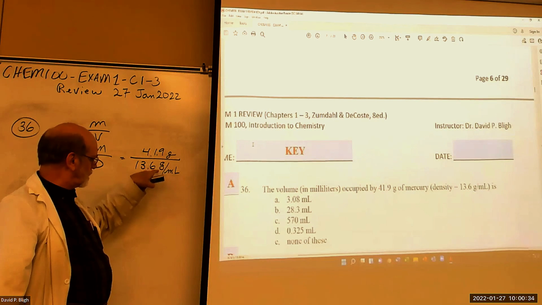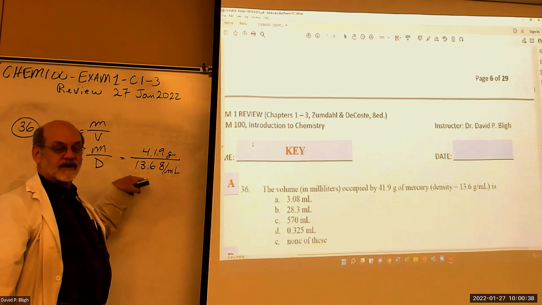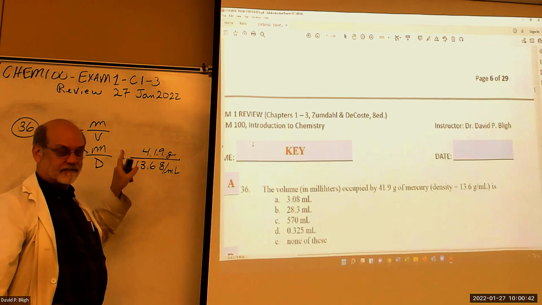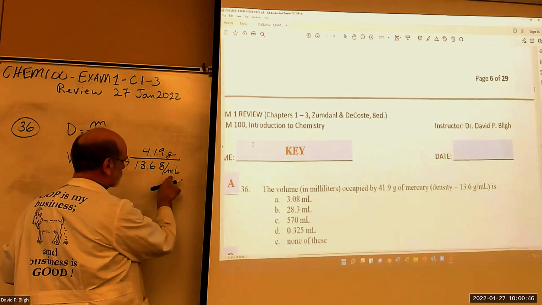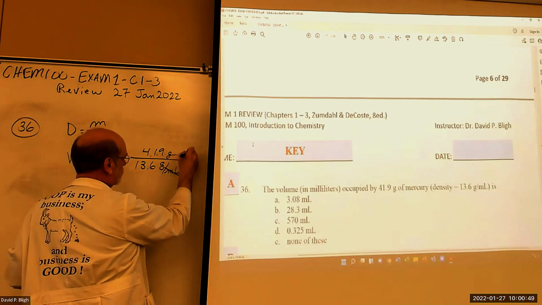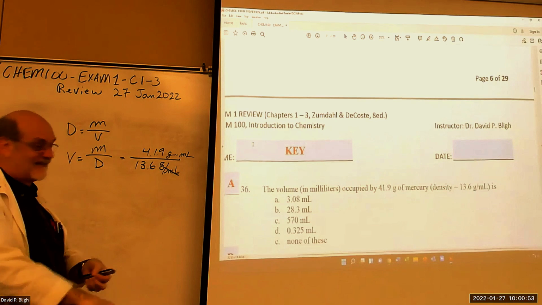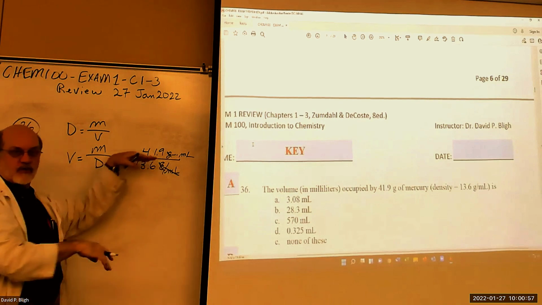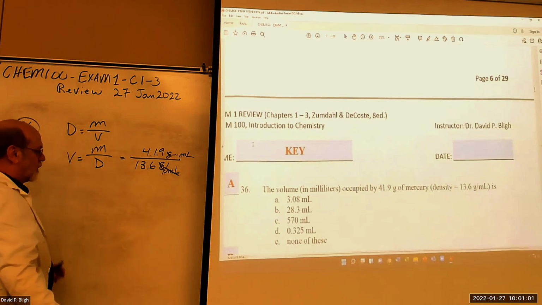It's in the denominator of the denominator. So in mathematical terms, the denominator of the denominator is the numerator. It's just like saying this milliliter is up there, actually. So if we cancel this, now we have milliliters in the numerator. And all we have to do is divide 13.6 into 41.